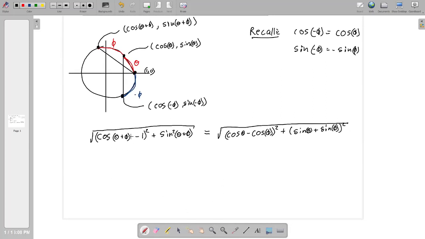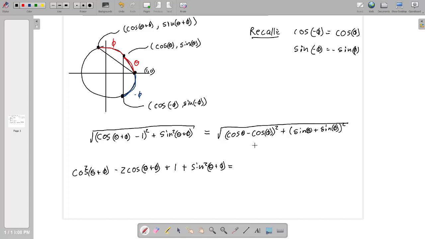So what I need to do next is FOIL this out. FOIL this out, FOIL this out, and FOIL this out. We'll have cosine squared of theta plus phi, minus 2 cosine of theta plus phi, plus 1 squared, which is just 1, of course, and plus sine squared of theta plus phi.